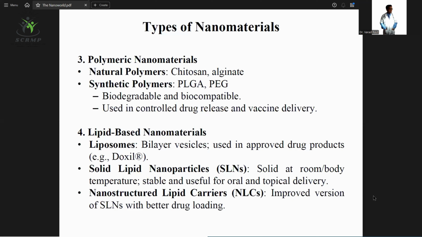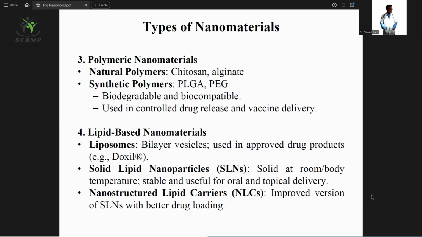Solid lipid nanoparticles are solid at room or body temperature, and stable at room and body temperature. So they can be useful for oral or topical delivery, for drugs which cannot be given orally. So we have to form them as solid lipid nanoparticles, and we can prepare an oral formulation. So this is also one of the important ones.